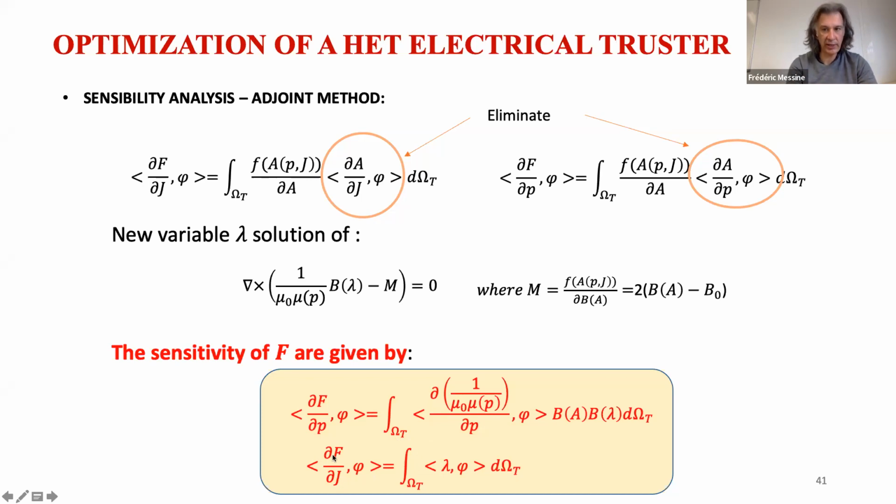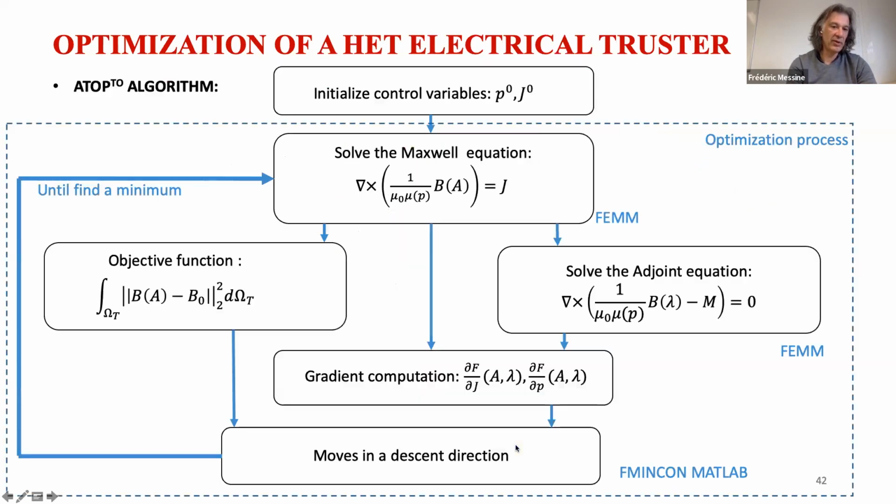Now you can discretize. Now you can use the finite element method to compute B lambda, to compute BA, and to construct the gradient, okay? So for an optimization algorithm, you provide an initial point, you solve the Maxwell equations, the direct problem, of course, and you will find A and BA using a solver.